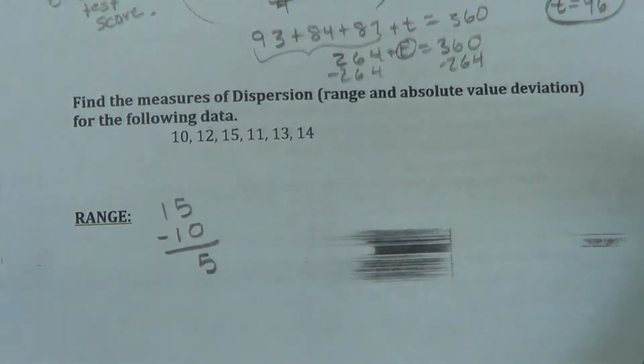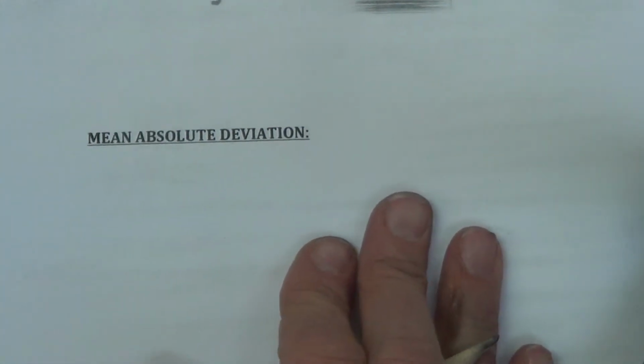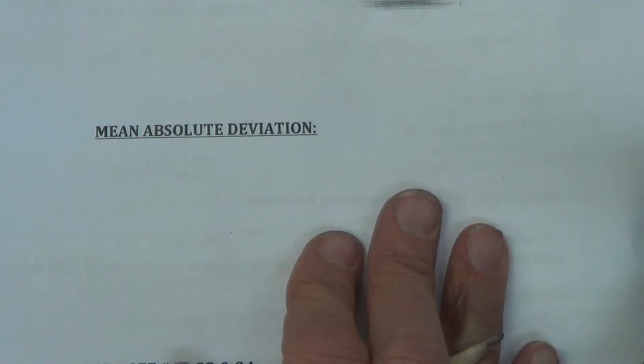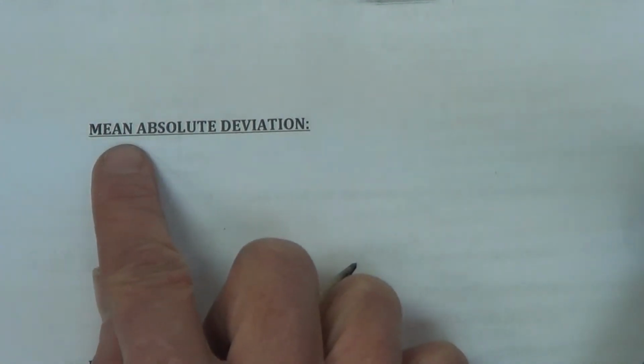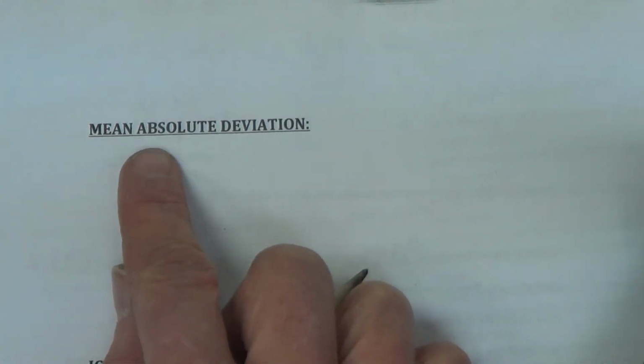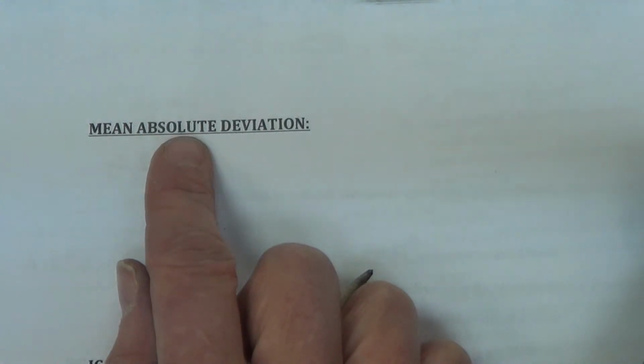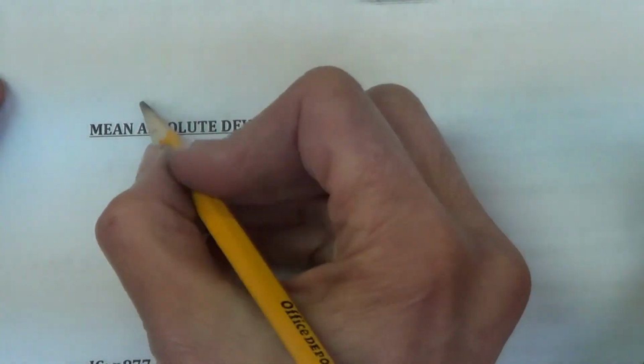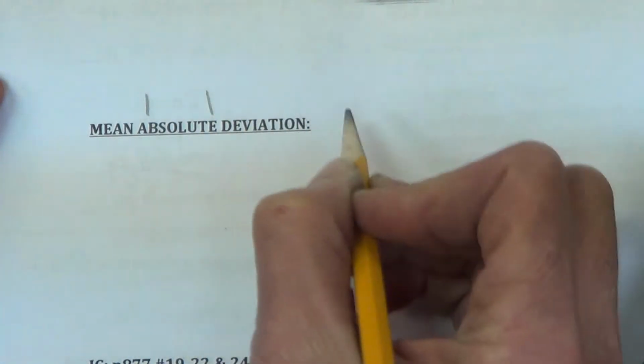Now, mean absolute value deviation. You remember the last lesson, we showed you that the mean is where we add up all the numbers and divide by the number of items there are. Absolute value, do you remember what that means? Absolute value, remember, is the distance from 0.